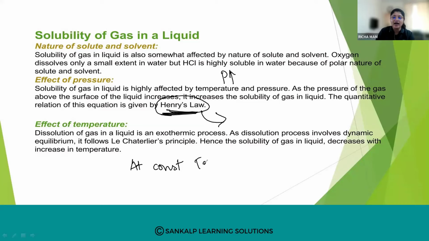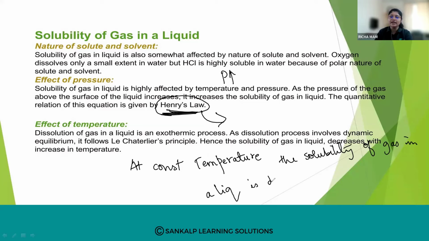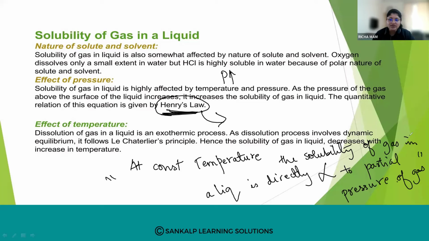It is asked in the exam for 2 marks. At constant temperature, the solubility of a gas in a liquid is directly proportional to the partial pressure of the gas.